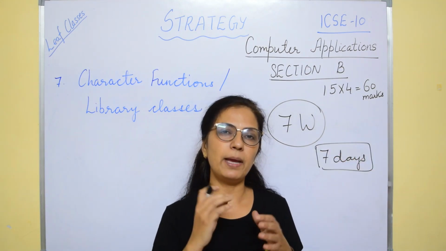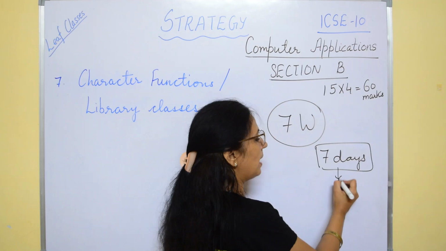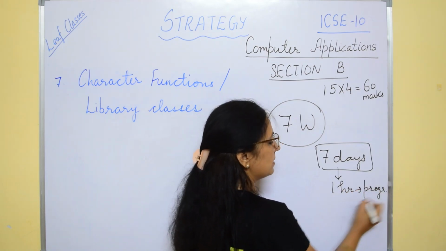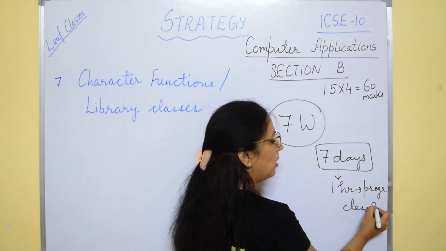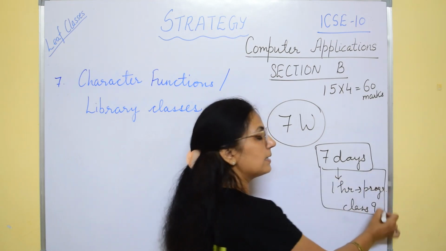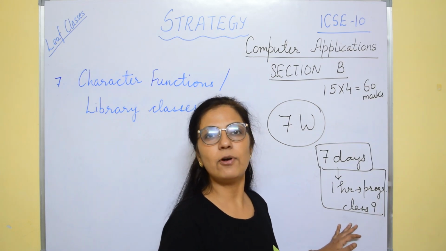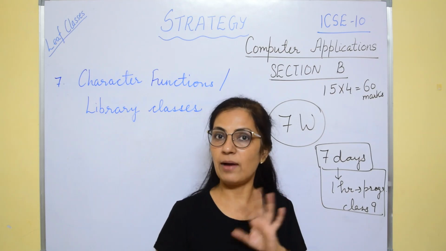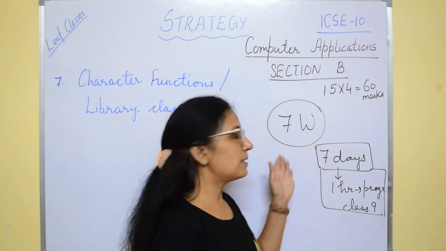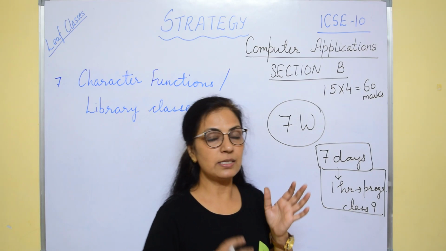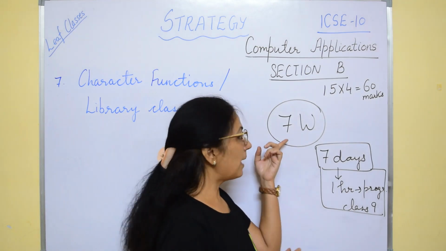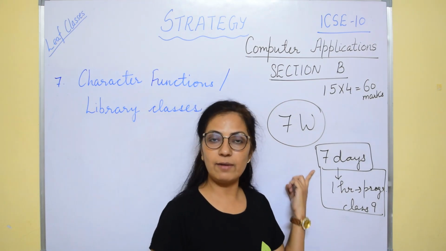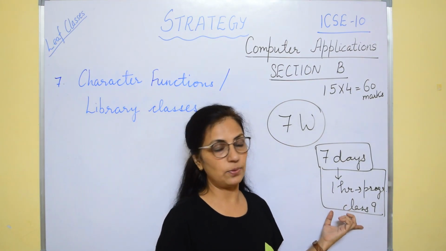Start from the beginning, 7 days, 1 hour each for programs of class 9th. You have already done that, and it will be quite easy for you to do the revision. If you have not done that well, do it; if you have, then we come to the 7 week strategy. It is for you to decide whether you directly want to go for the 7 week strategy, or first give a revision of 7 days for class 9th programming.